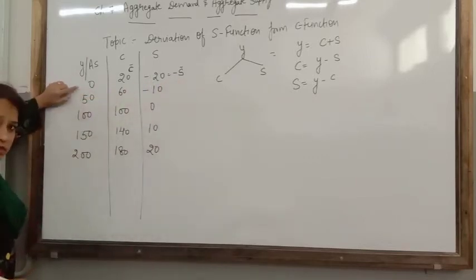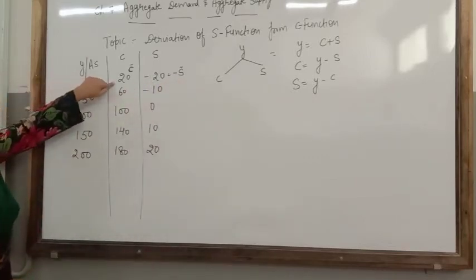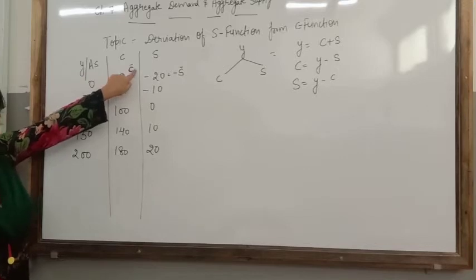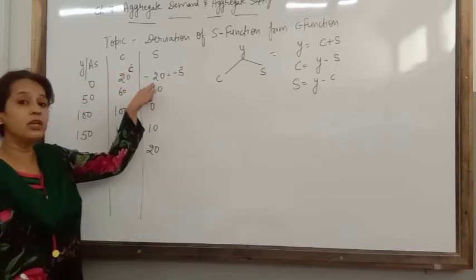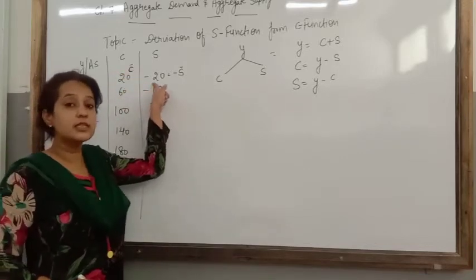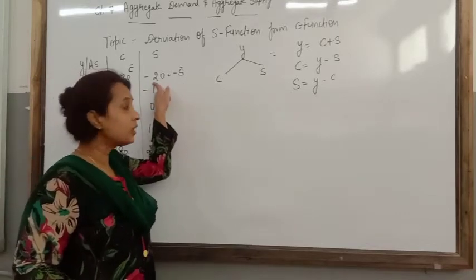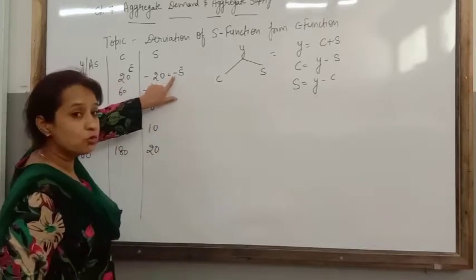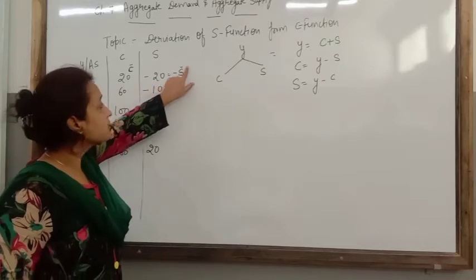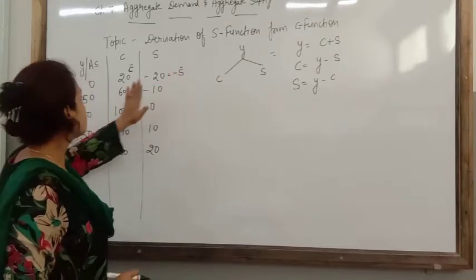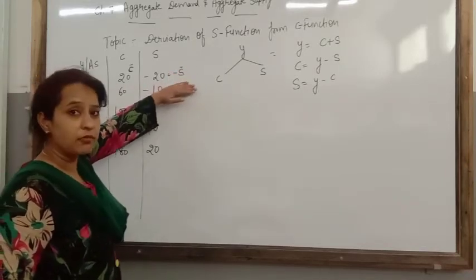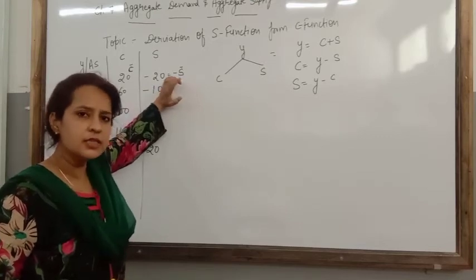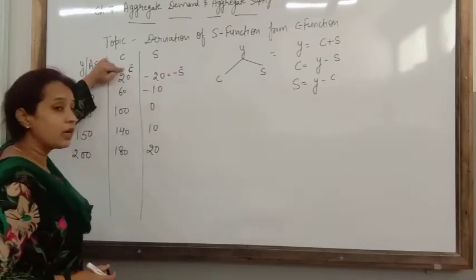When your income is 0, minimum consumption will be C bar, and the saving you get will be a negative saving. That's why it is shown as minus S bar. Clear? This is a similar thing. When minus S bar is given in the question, you should know that it is C bar.